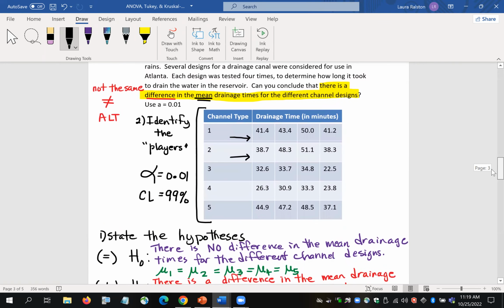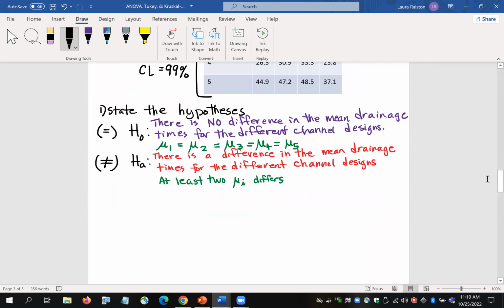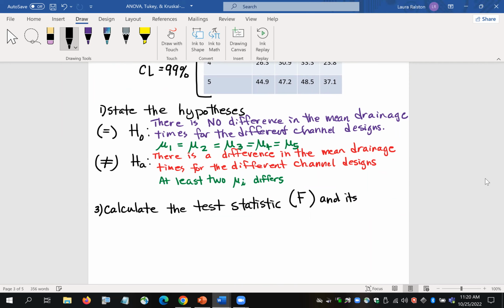Okay, so we have that information. Step 3, same as always, is to calculate the test statistic. We're calculating an ANOVA, which is actually an F test statistic, and its p-value.